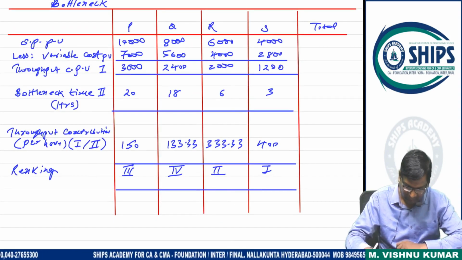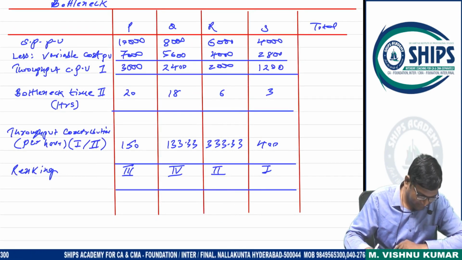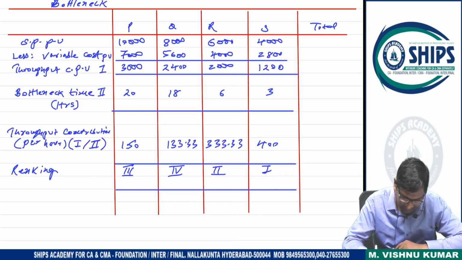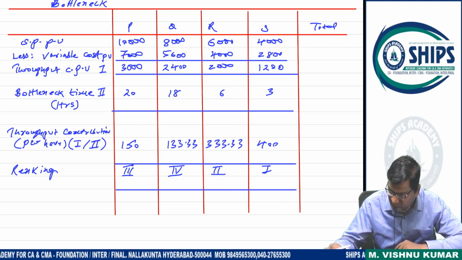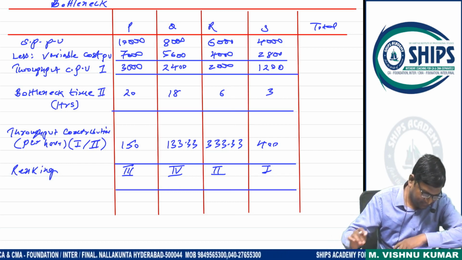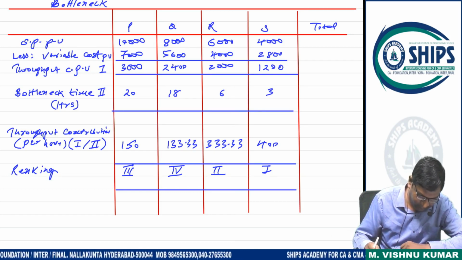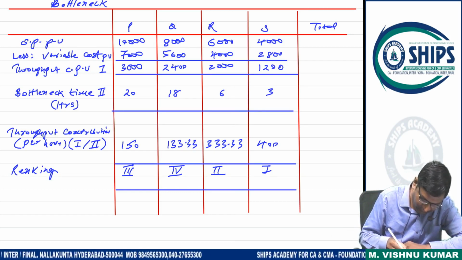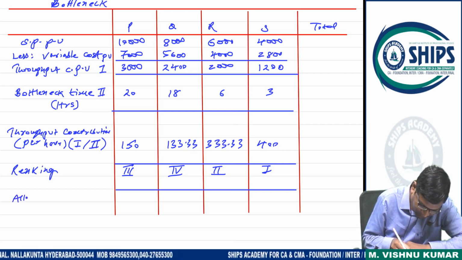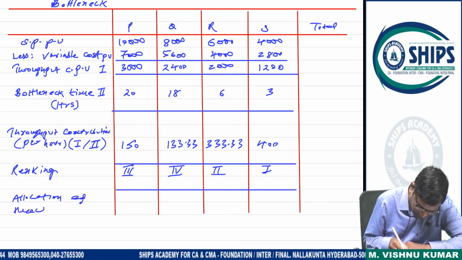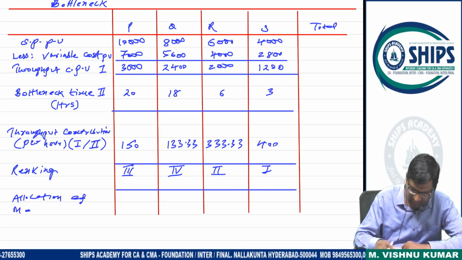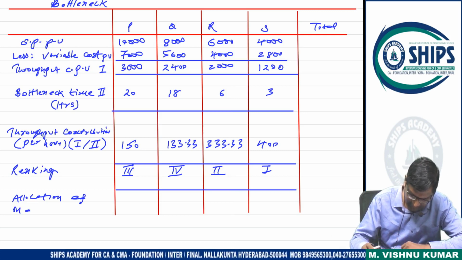Now allocation we can do. First we have to produce S. First, which product is produced? S. In this table only you can calculate, or you can prepare a separate table also.